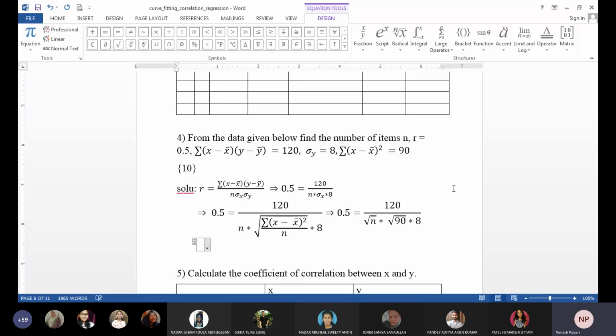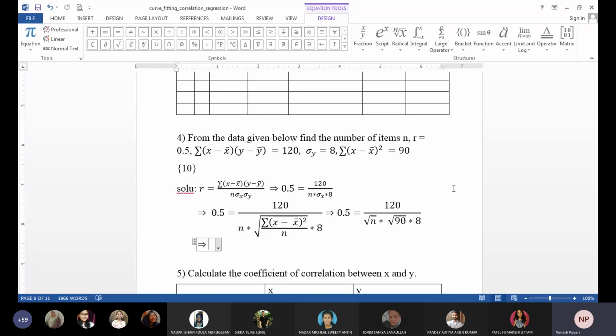Correct? Now we have to simplify it. Square root of 90. 90 is not a perfect square. So what we can do is square the whole equation to avoid the calculation in decimals. Again I repeat, to avoid the decimal calculation, we can take the square of the whole equation.